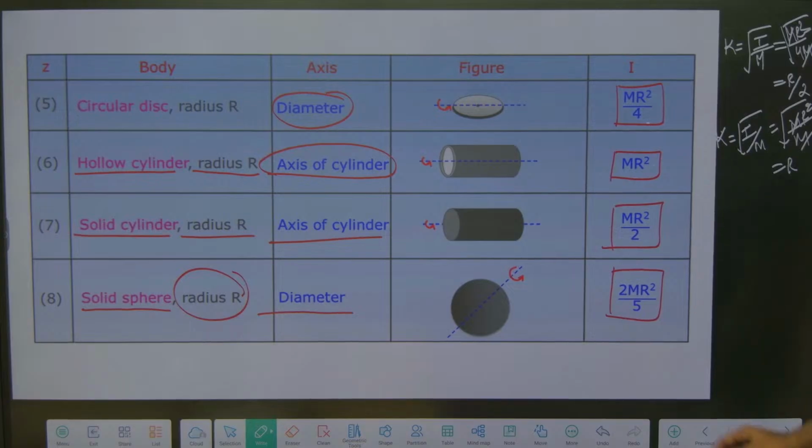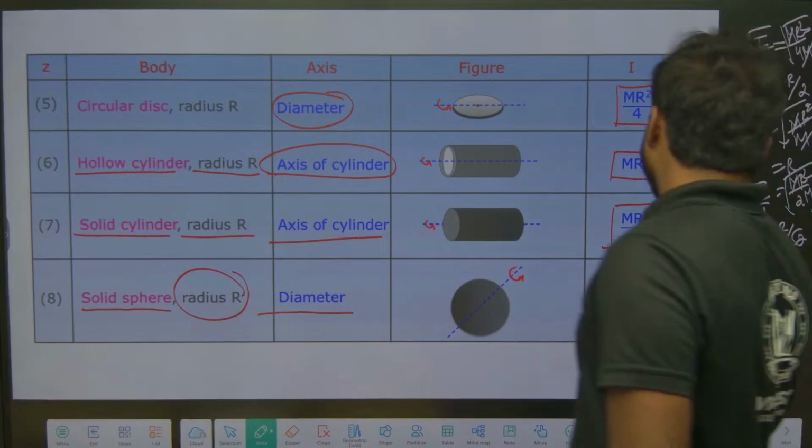When we see the solid cylinder, moment of inertia is mr square by 2. So radius of gyration will be root over I by m. So I is mr square by 2, right? So mr square by 2 into m. So m and m will get cancelled. It is r by root 2.